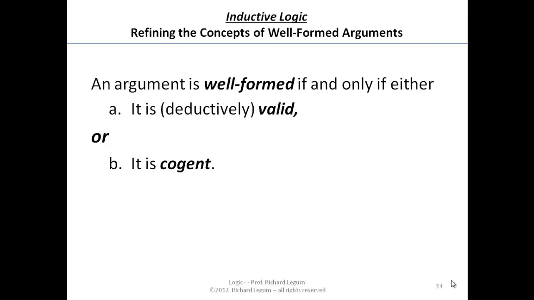There are two ways it can be well-formed. It could be of a form that guarantees the truth, that is, deductive, or it could be a cogent one, an inductive form of argument where the truth of the premises is connected to the high probability of the truth of the conclusion.